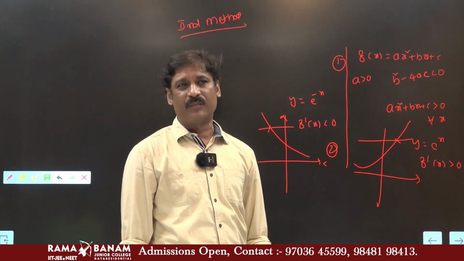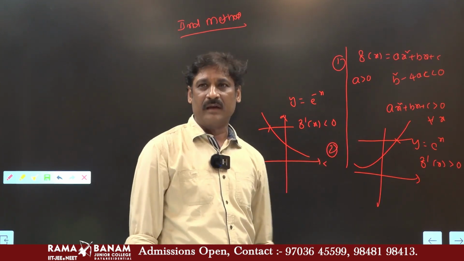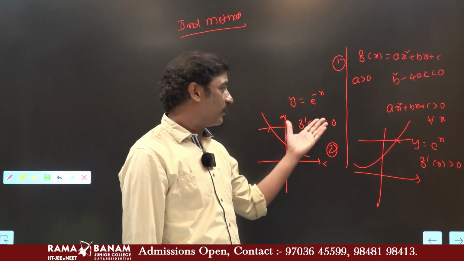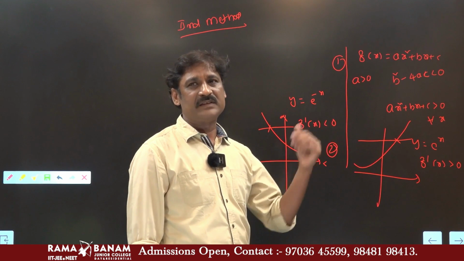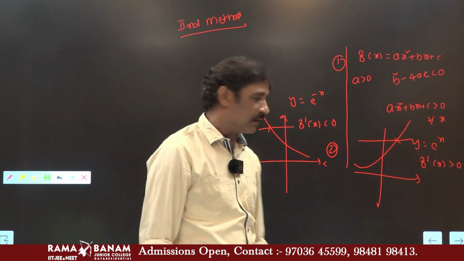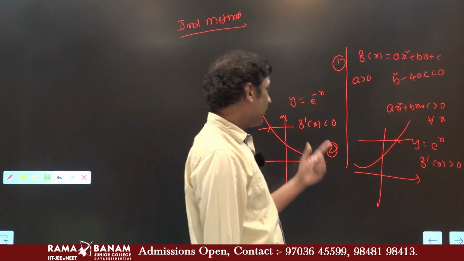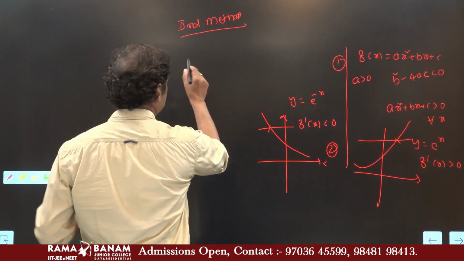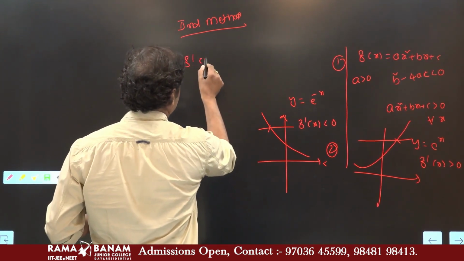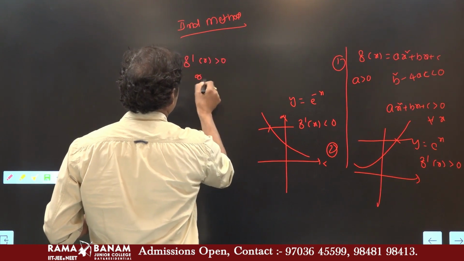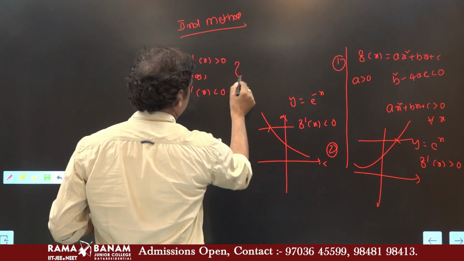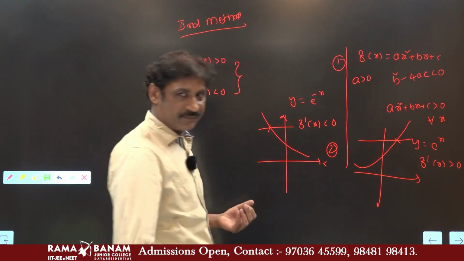Very, very important, especially when the problem is very tough. You can use this concept very simply. There are two concepts here: either f dash of x greater than 0 or f dash of x less than 0.